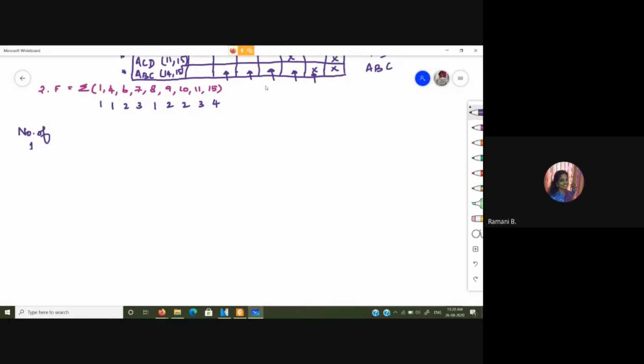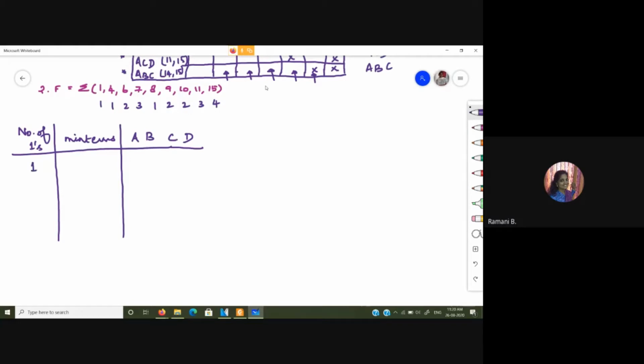So the number of ones. Next we shall write the minterms. And next we shall write the variables. So A, B, C and D. So here we are not having a 0 ones group, as 0 is not given in the expression.